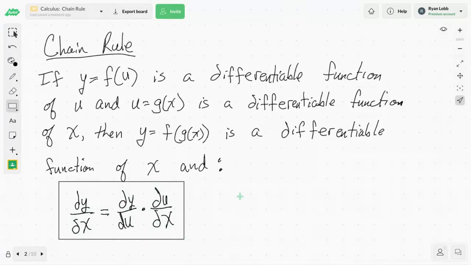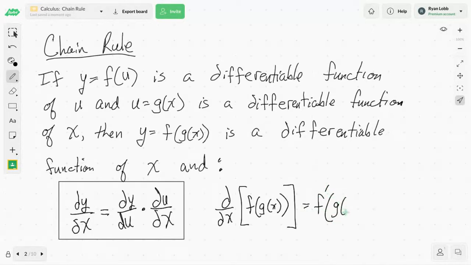And then we can also write it like this. So there's another way, d dx. I'm going to write the derivative of x. Remember, this is to take the derivative of f of g of x. That this is going to be equal to f prime of g of x times g prime of x.